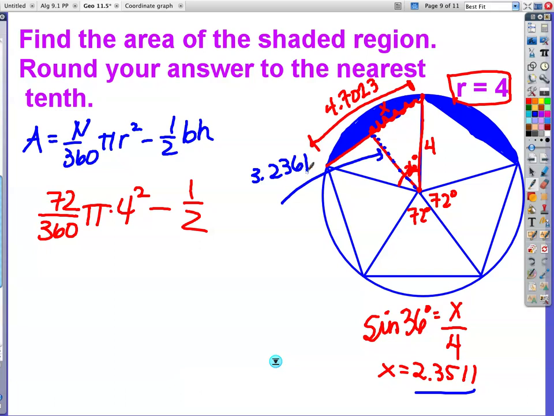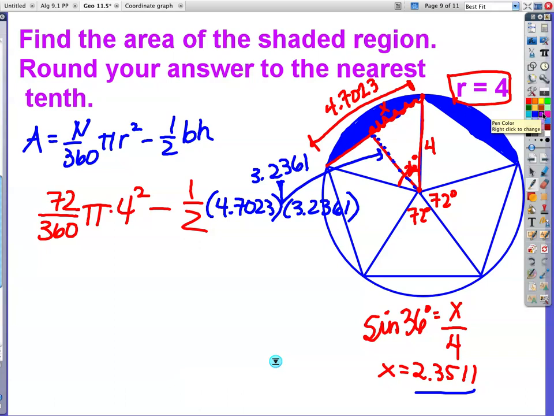So 1/2 the base is 4.7023. The height is this dotted line right here. It looks like I have an arrow drawn there, but it's actually for this number, 3.2361. Holy cow, look at all this math. This is craziness.